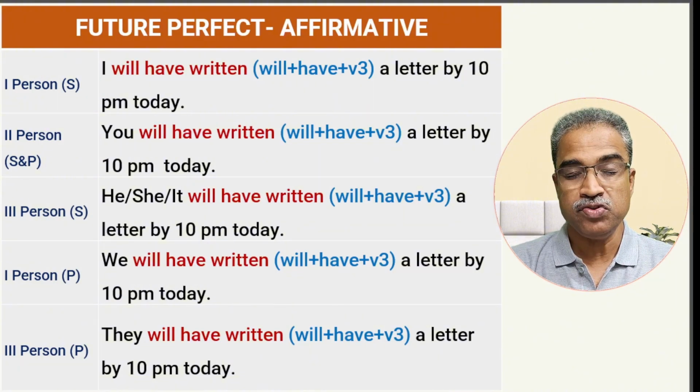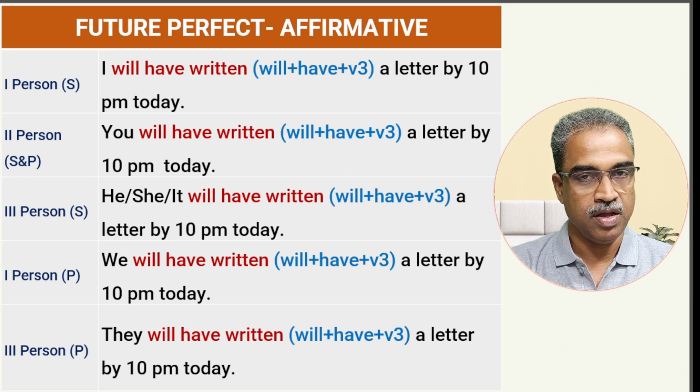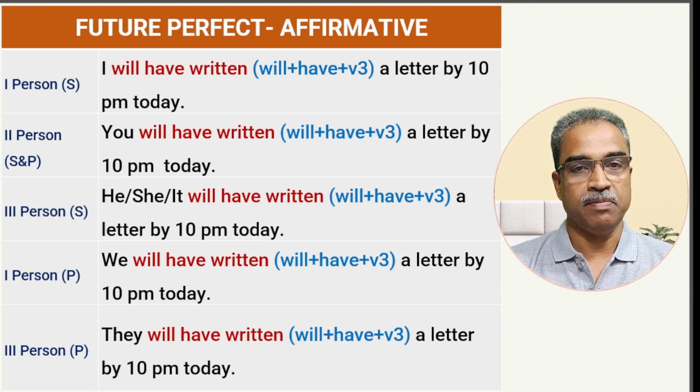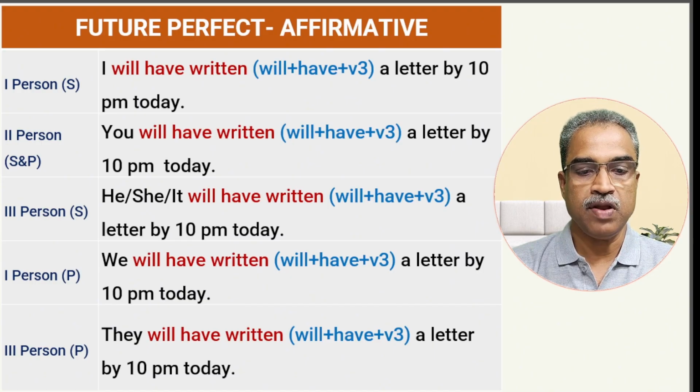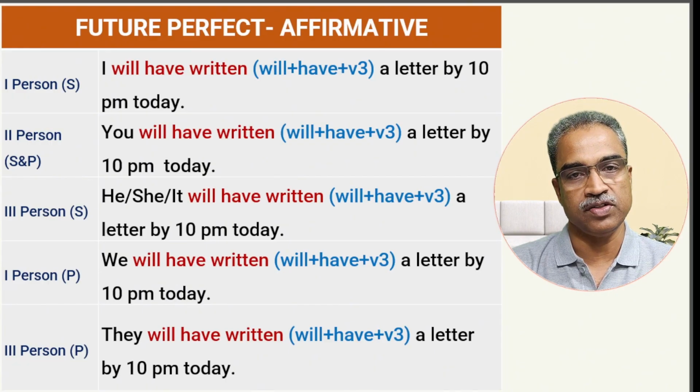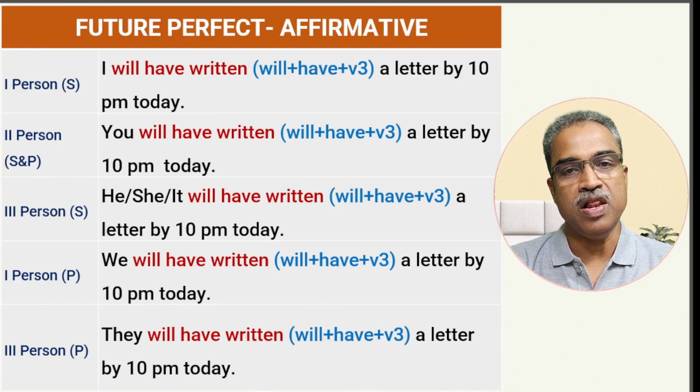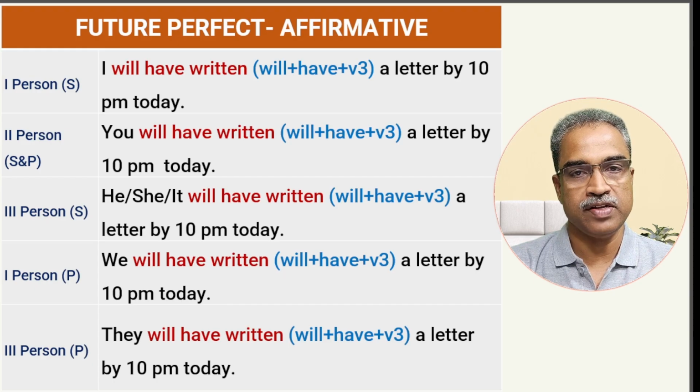In the future continuous tense also we used will plus be with ing form main verb. But here subject plus will plus have. This applies to all the subjects, all persons, singular, plural, first person, second person, third person, irrespective of all these things, we use will plus have.